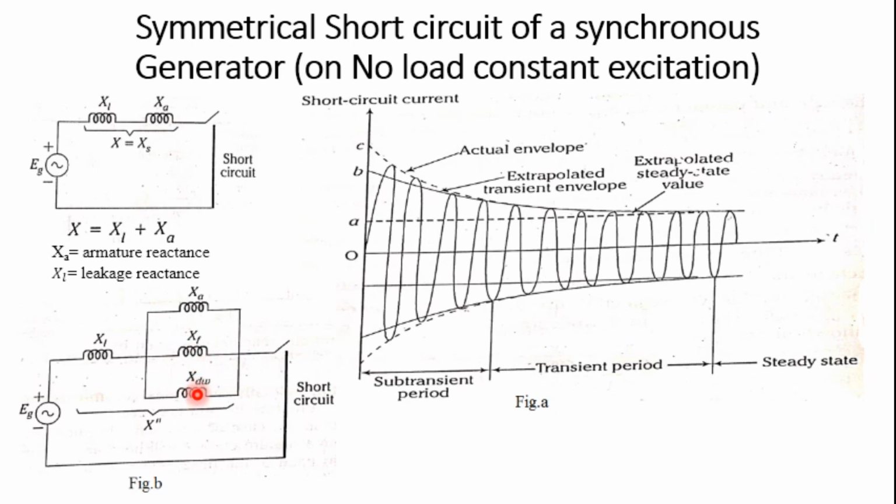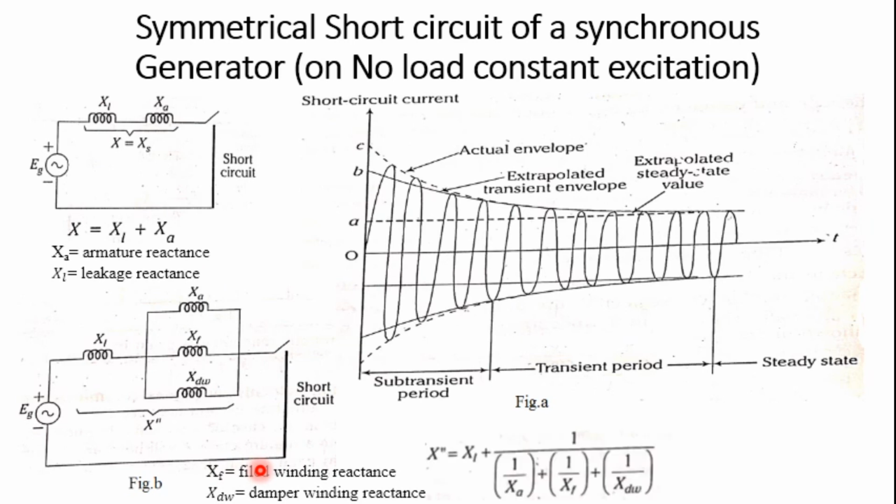The induced current in these two will be in a direction opposite to the magnetic flux produced by the armature conductor, resulting in a reduced equivalent reactance of the armature. This reduced reactance we call the subtransient reactance.